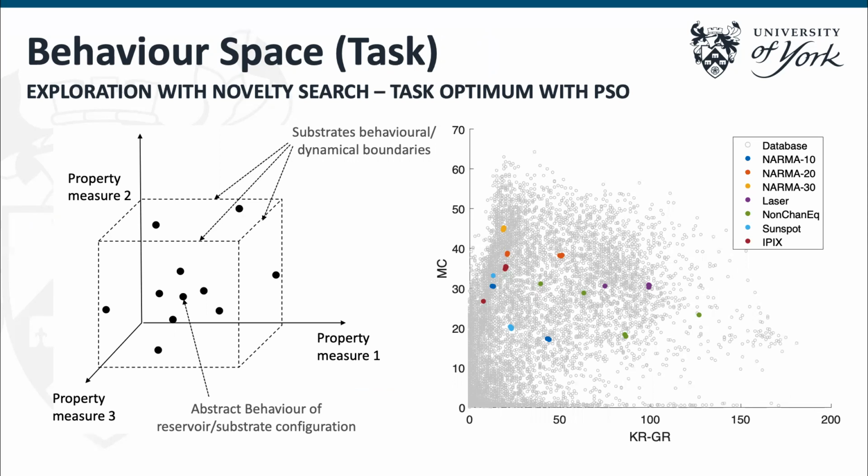Another advantage is once you build up this database of reservoir configurations, then you can use a kind of greedy algorithm on top of it, like a particle swarm optimizer or something like that, and take these and quickly find the one that is best at solving one of your nonlinear time series problems. So NARMA is a benchmark that we often use because it's fully synthetic.